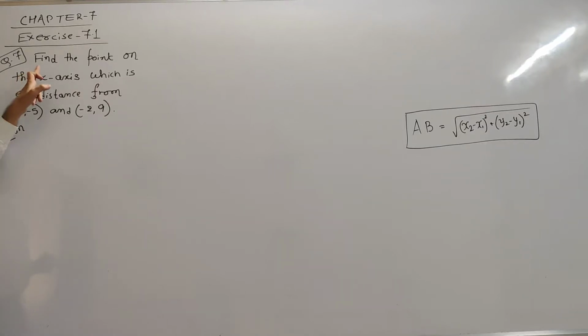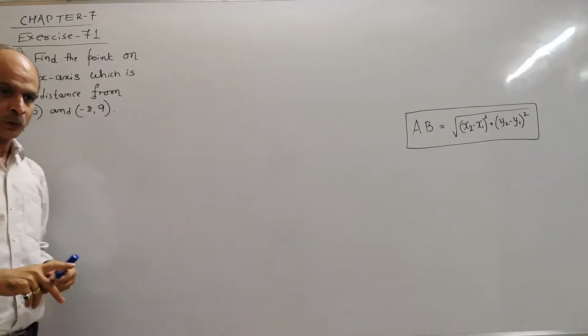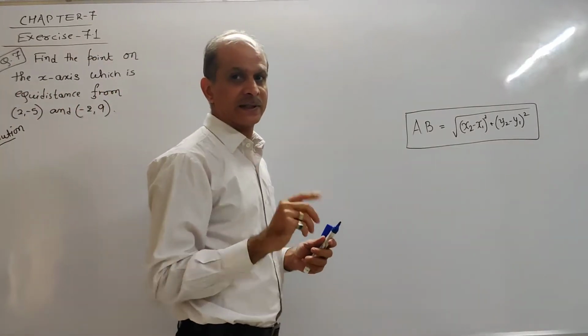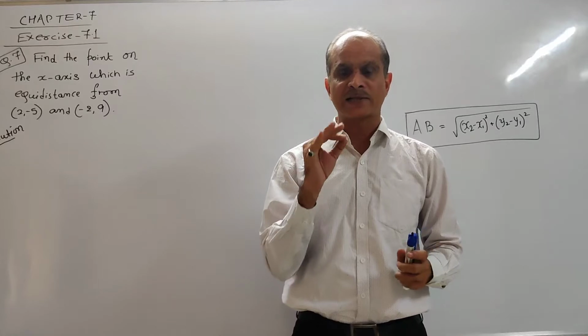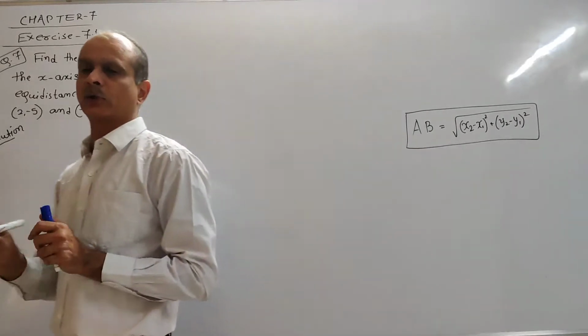The question is: find the point on the x-axis which is equidistant from (2, minus 5) and (minus 2, 9). You have to find one point which is on the x-axis. You know from 9th standard that for a point on the x-axis, the y coordinate is always 0.